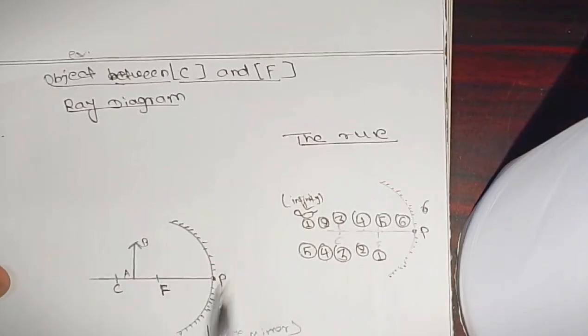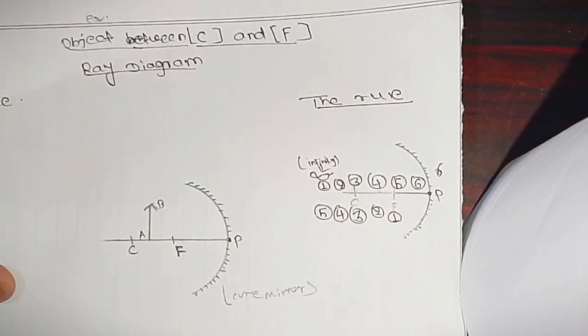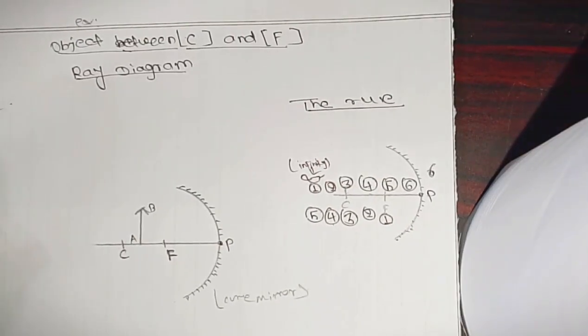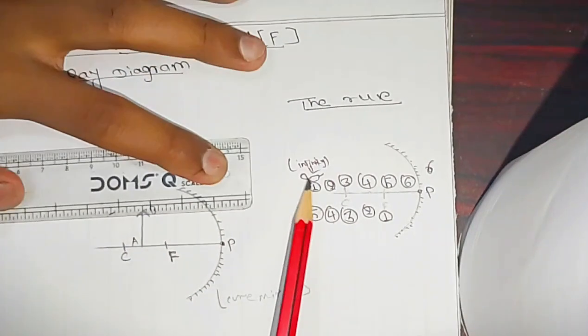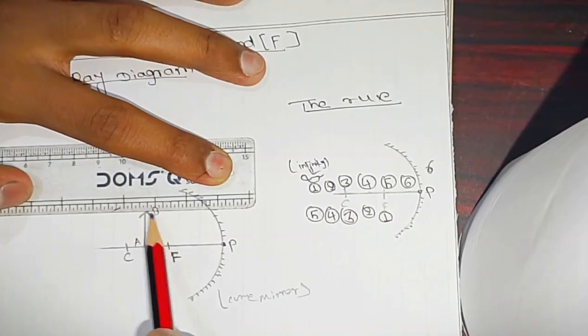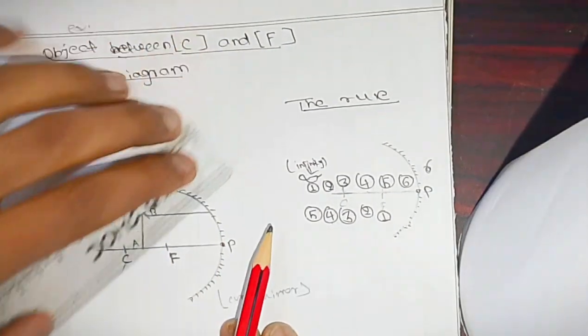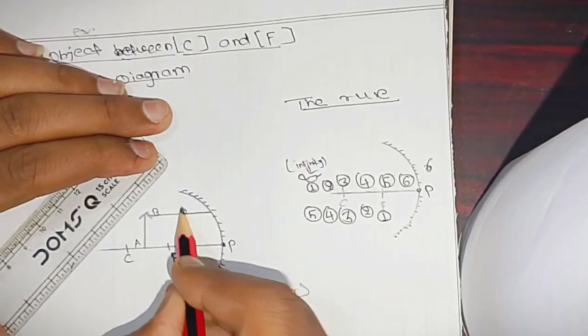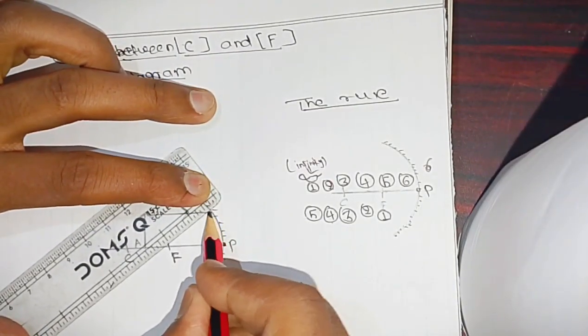Here, for example, this rule must help us. Look here. We can use a scale to complete this. Here, first of all, parallel light is reflected through the principal focus.